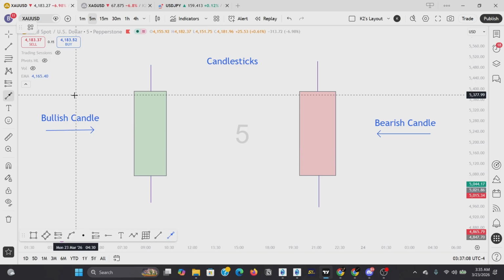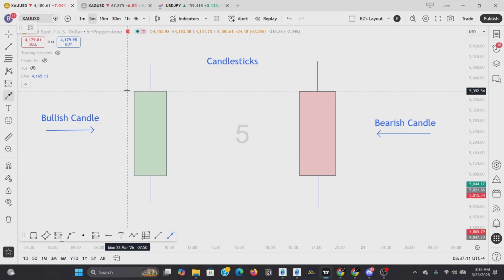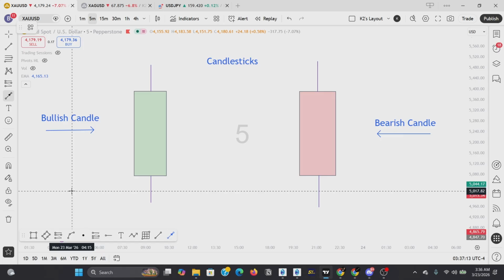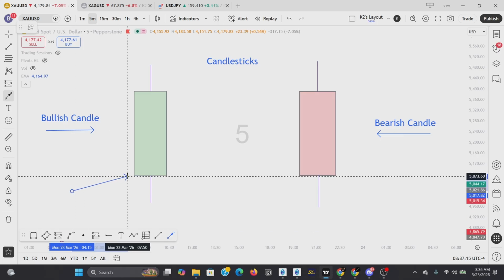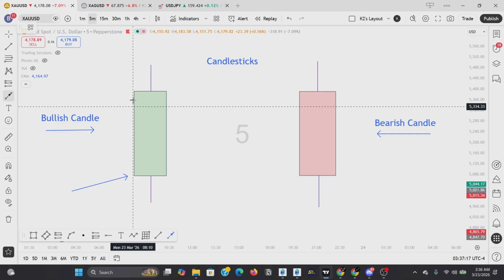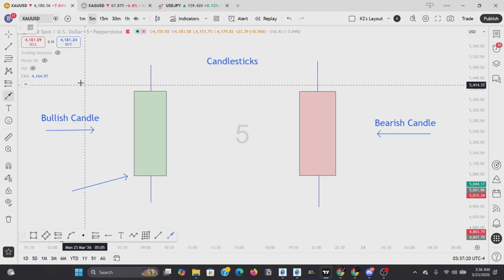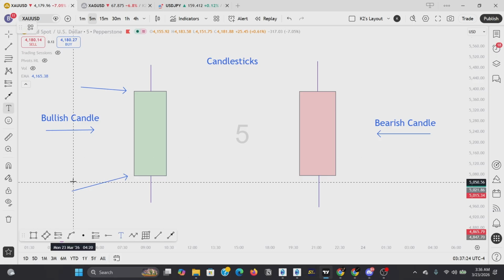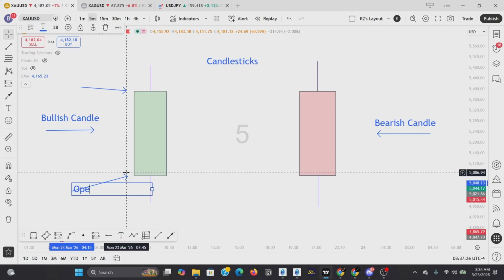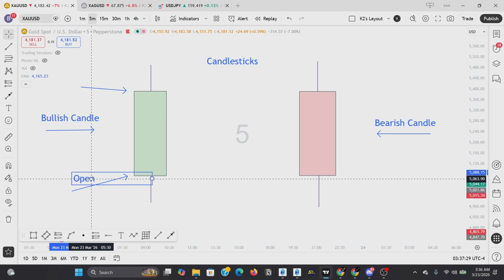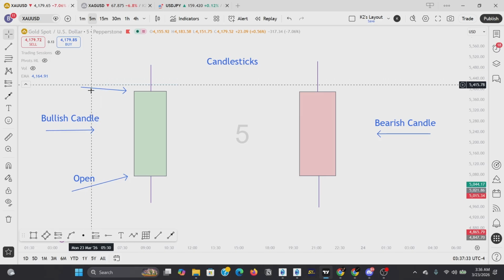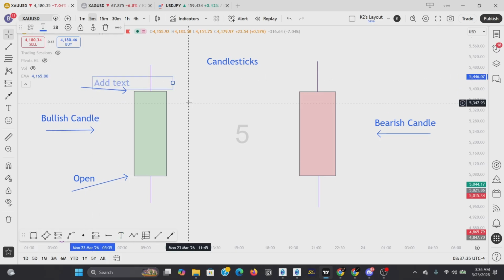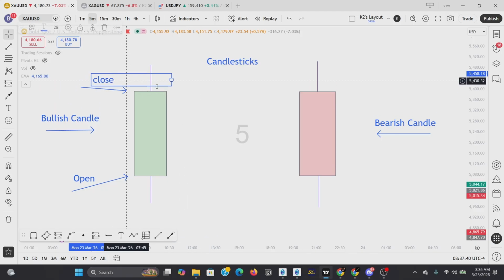So, with a bullish candle, if price is moving up, it opens from the bottom and it closes from the top. So, a bullish candle will open from the bottom of the box, and when it closes, it will be at the top of the box.